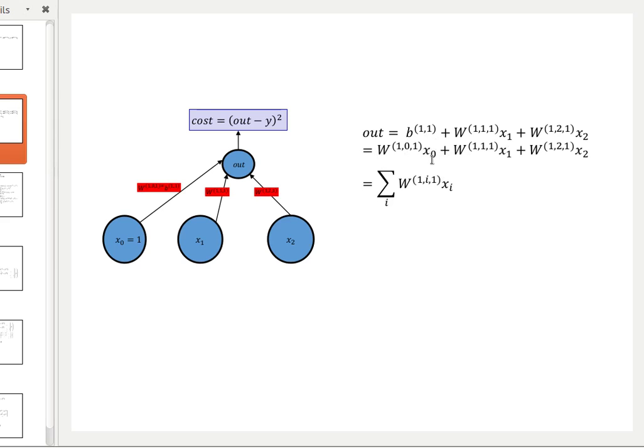We can rewrite this as the sum over i of wi times xi. This can be written also as just w dot x, the dot product between the weight vector and the x, for a single training case again.